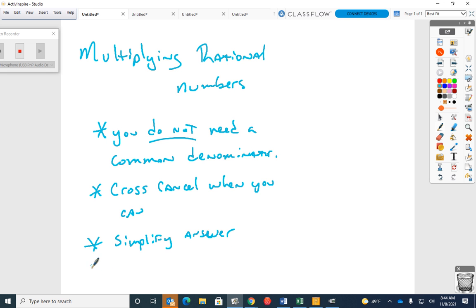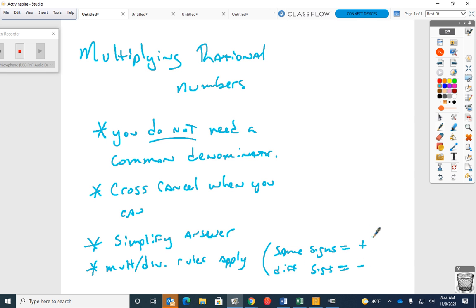Okay, also for different signs, for negatives and positives, the multiplication and division rules apply. And what do I mean by that? Same signs are always what? Positive. Different signs are always what? Okay. All right. Copy all that down real quick, and then we're going to do some examples, okay?